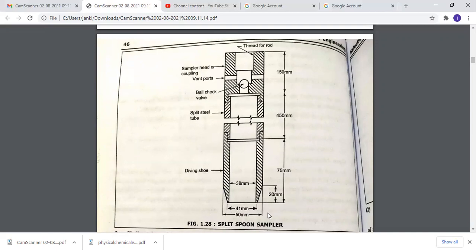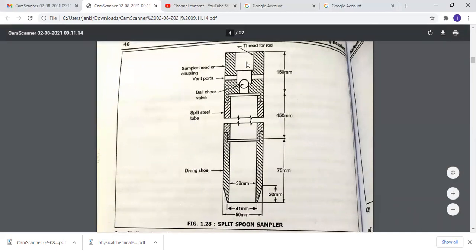The second is the sampler head, also known as the coupling, which is 150 long and attached to the upper end of the steel tube.